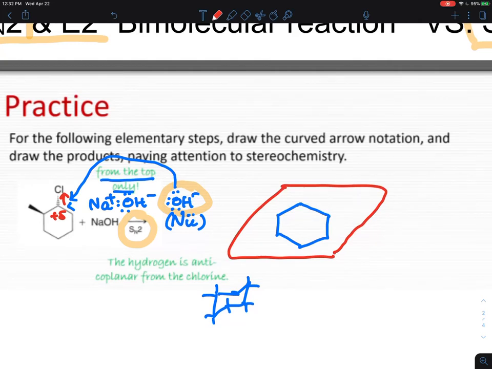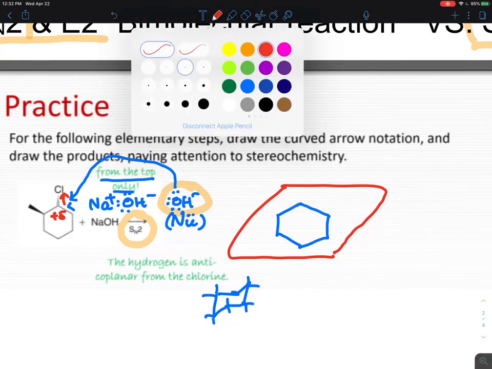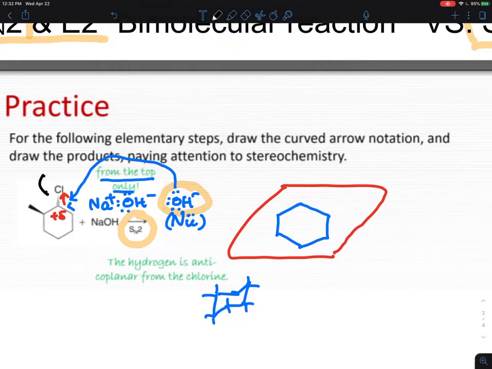But I'm saying here it is on the plane, and this notation here means the chlorine is moving away from here. And the methyl group, CH3, that you see here is the one that is actually sticking out of the plane. Okay, so that's how it looks.